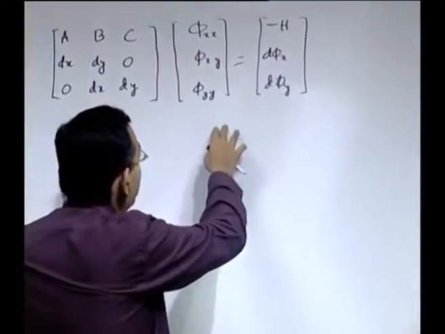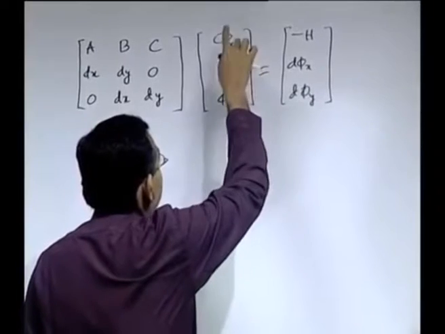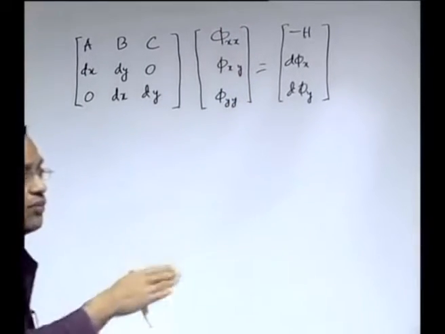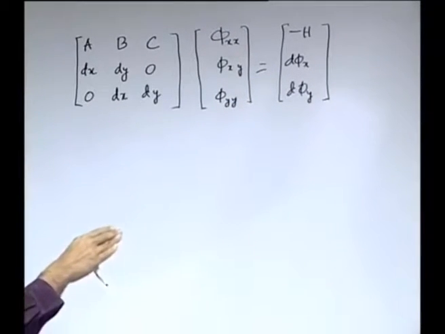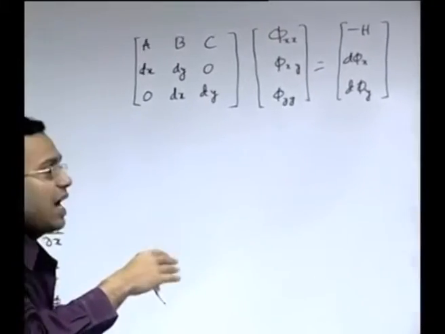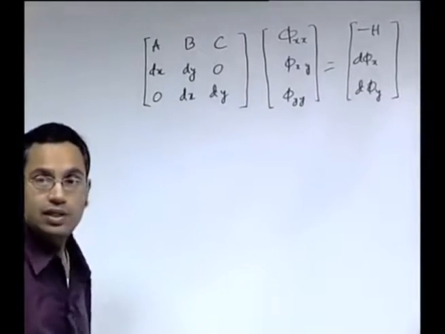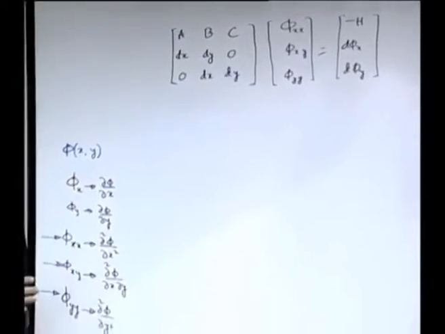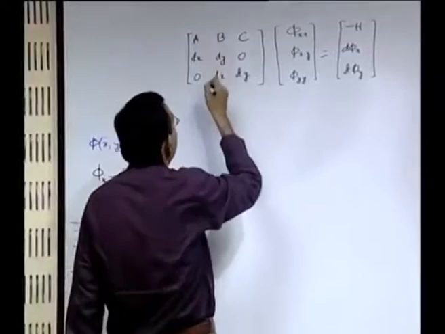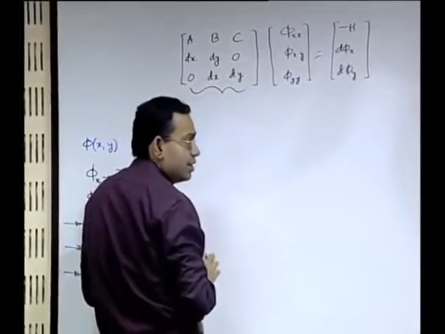So, here we want to get the locus of those points across which you will have discontinuities in phi xx, phi xy and phi yy. That means the solution will not exist, and that is possible only if this determinant is 0.